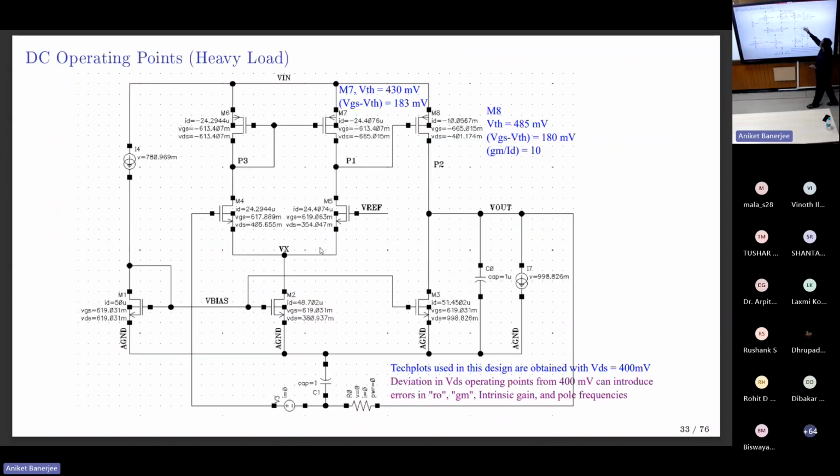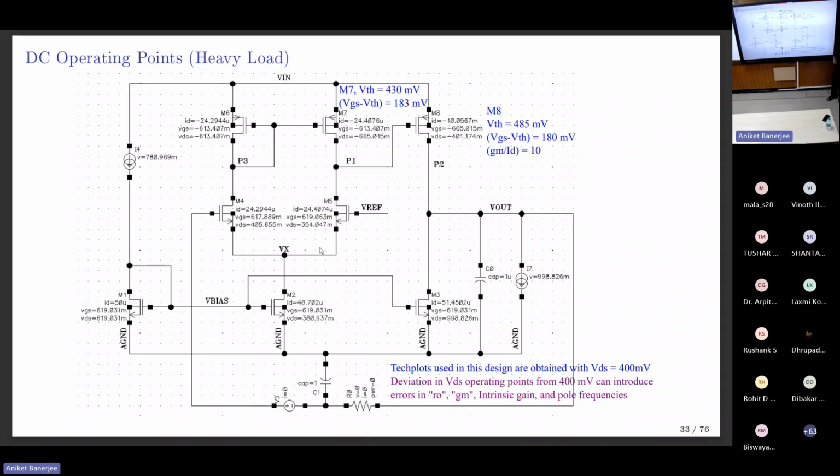GM by ID will be 10, where ID is 10 milliampere and GM is 0.1 Siemens, which is not shown here. But if you see here, VGS is 665, VTH is 485. This translates to a VGS minus VTH of around 180 millivolt. This tells us GM by ID is 10 for this MOSFET, but overdrive voltage is 180 millivolt. There is a mismatch.